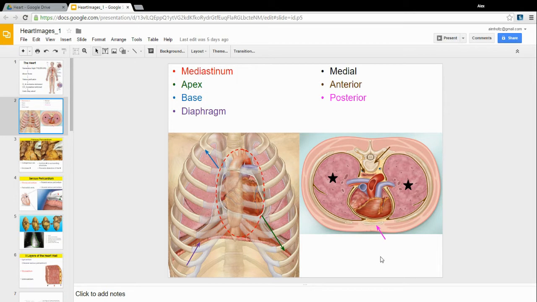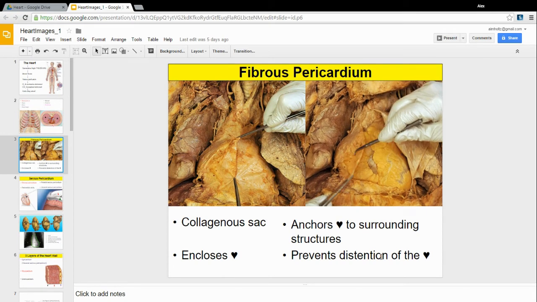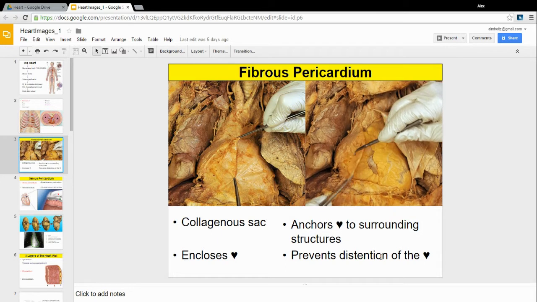Now let's talk about the wrappings around it. Okay, here we see a heart, and what's going on here is we're looking at the removal of the fibrous pericardium. So the heart is surrounded by this collagenous sac, which is called the fibrous pericardium. Peri obviously means around.